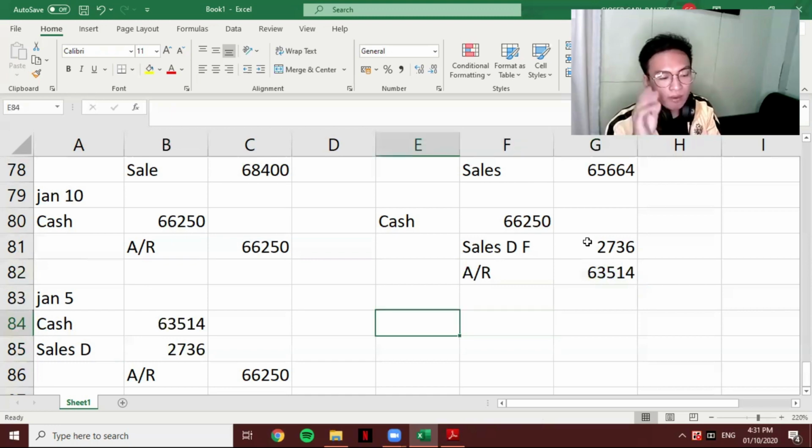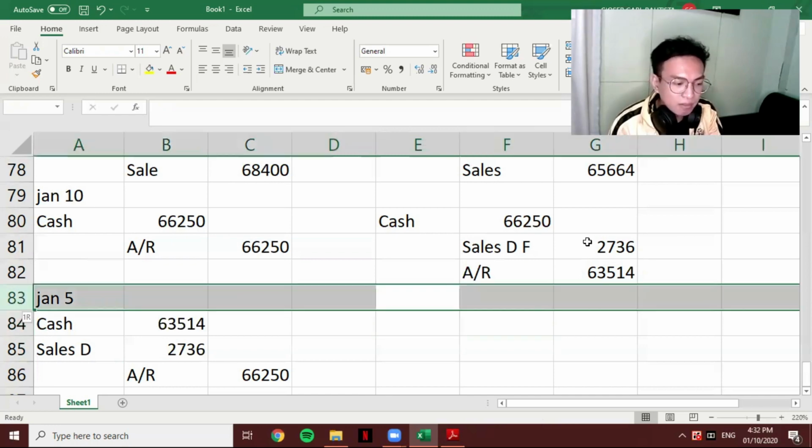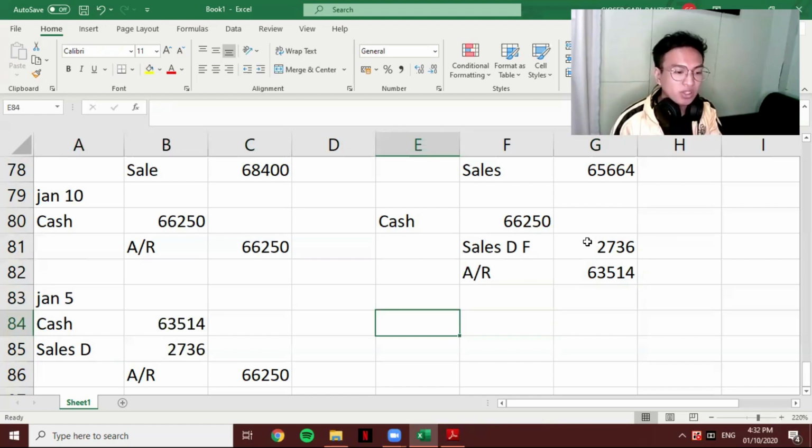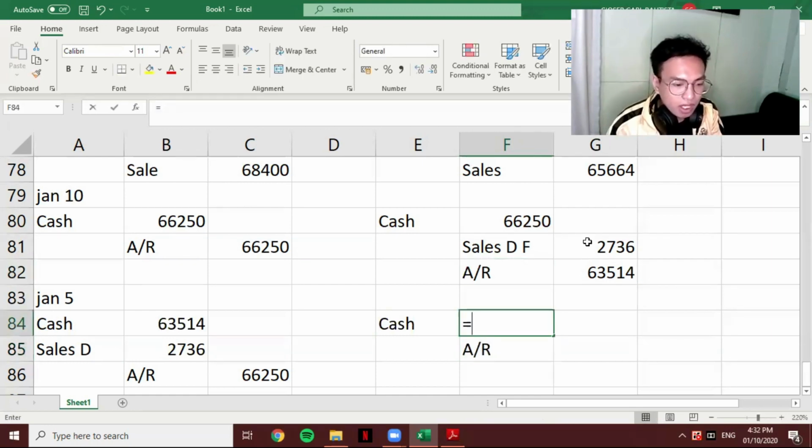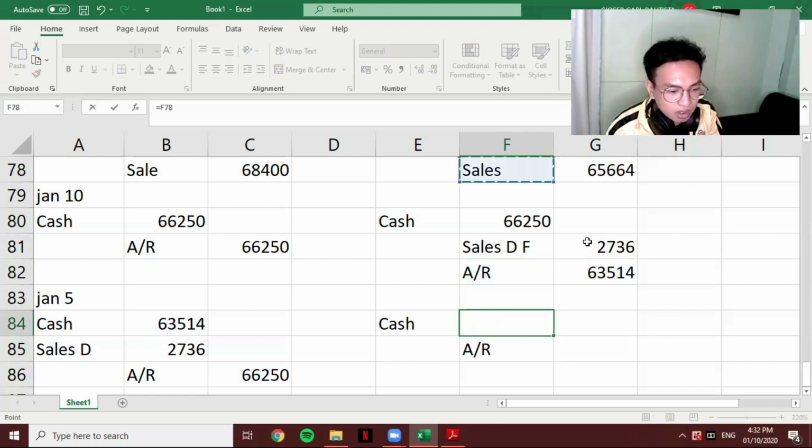And net method, however, if your customer took the discount, ito yung assumption natin, nagbayad sila within the discount period, you will have the AR from the total AR kanina. How much?